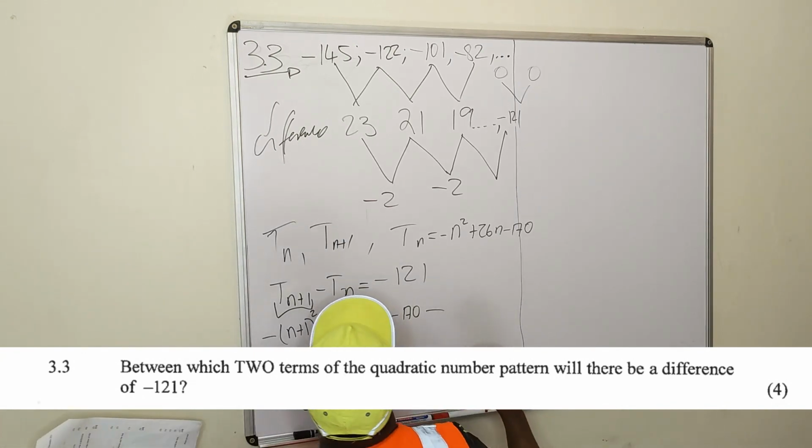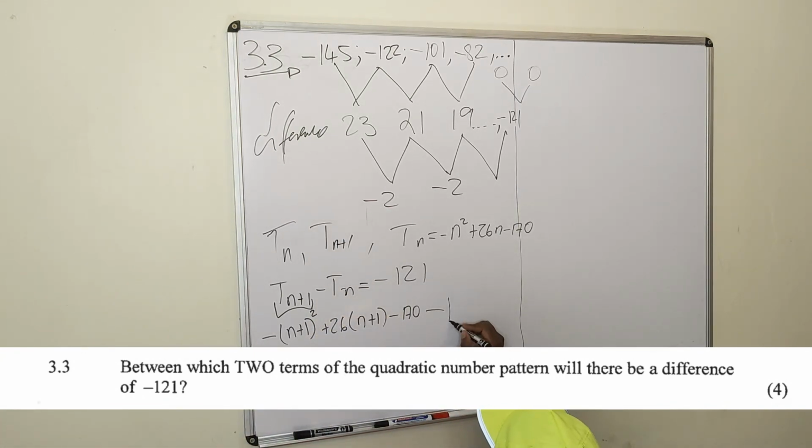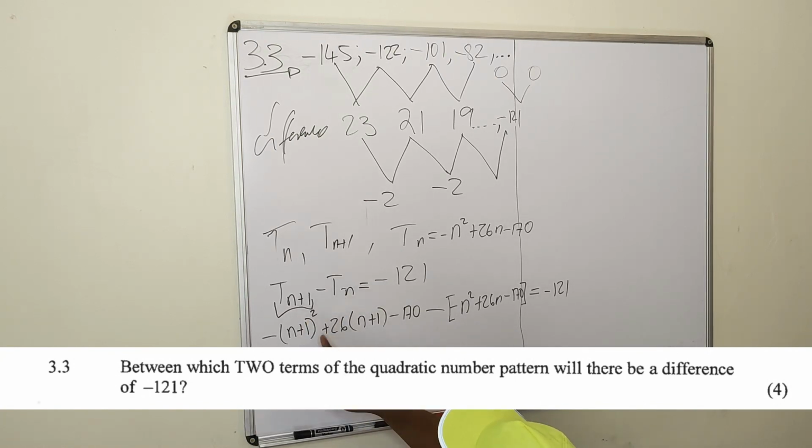Minus, we have the minus. Now we put tn, which is minus n squared plus 26n minus 170, equal to minus 121. So this is this part here, and that is that part there. Then you simplify this and solve for n.